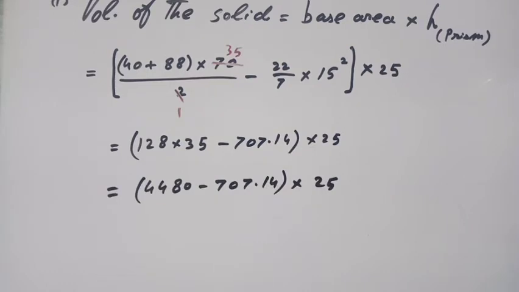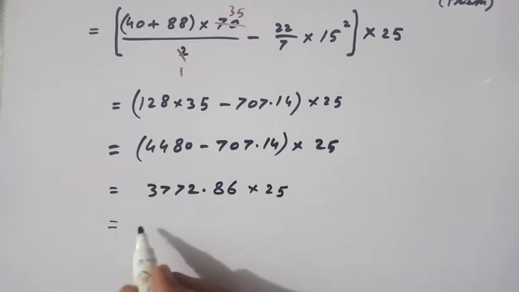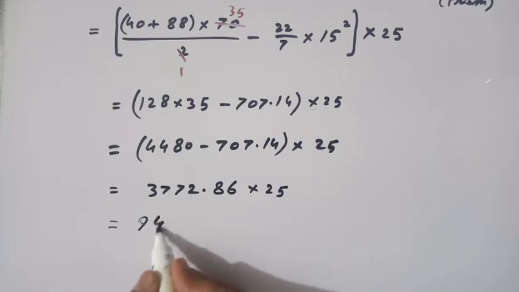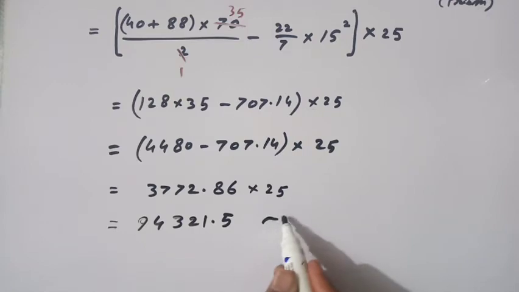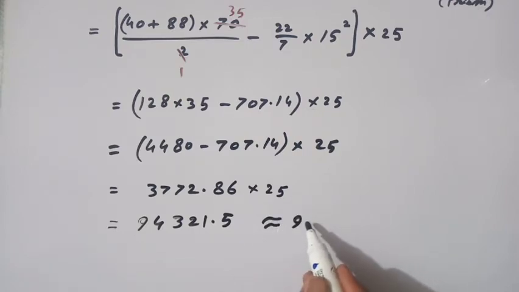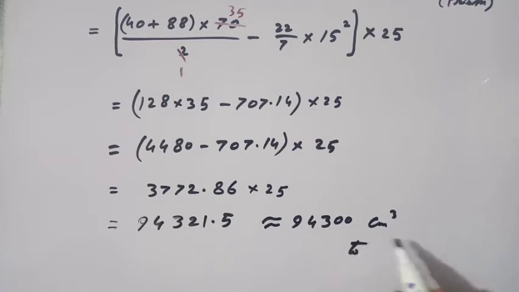That is equal to 4480 minus 707.14 whole multiplied by 25. 3772.86 multiplied by 25, that is equal to 94,321.5, which is nearly equal to 94,300 centimeter cube to 3 significant figures.